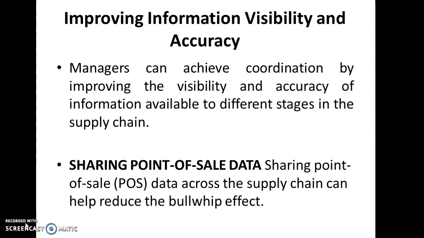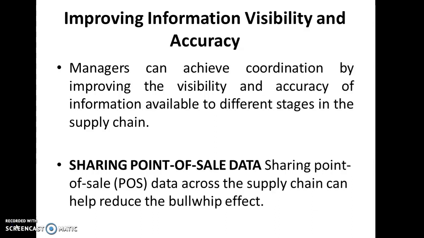Next one is improving information visibility and accuracy. Managers can achieve coordination by improving the visibility and accuracy of information available to different stages in the supply chain. Sharing point of sale data across the supply chain can reduce the bullwhip effect.